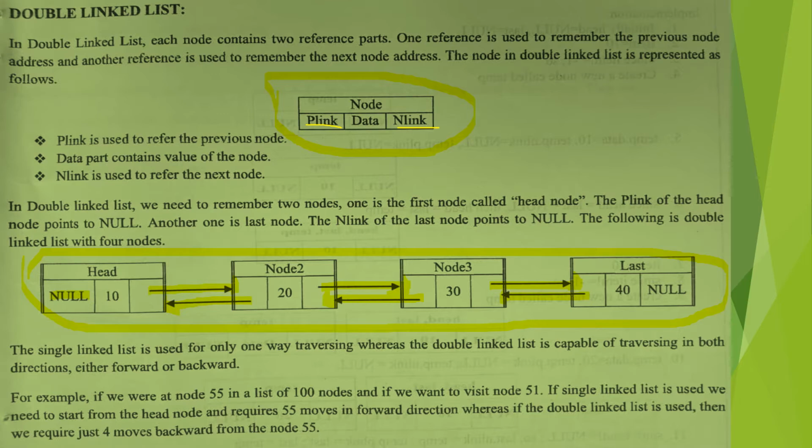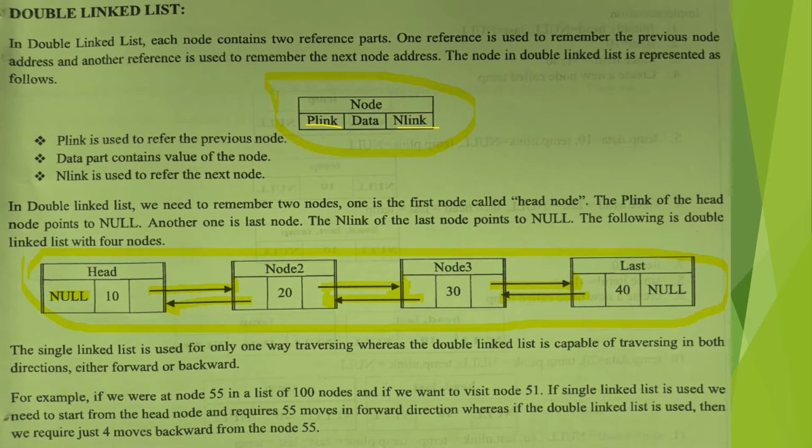Whereas in single linked list, we can traverse only in one way. In double linked list, we can traverse in both directions, either forward or backward. Traversing means visiting each and every element in the list. In single linked list, we can traverse in the forward direction only because the nodes contain the address of the next element only.